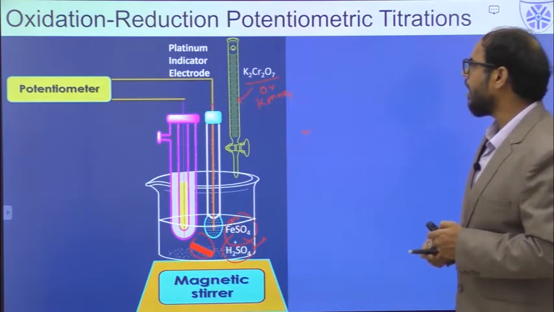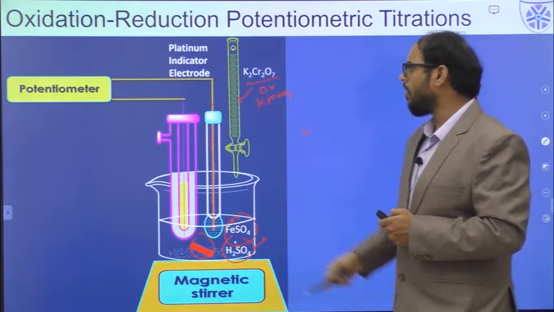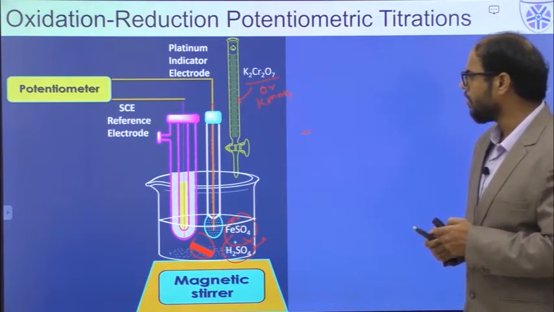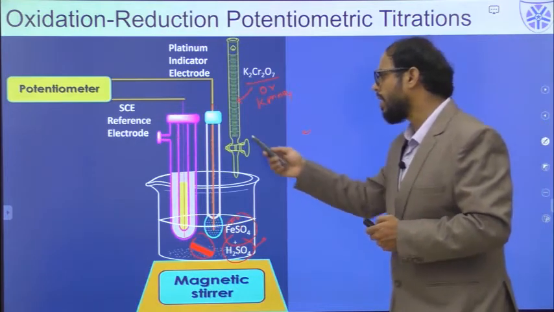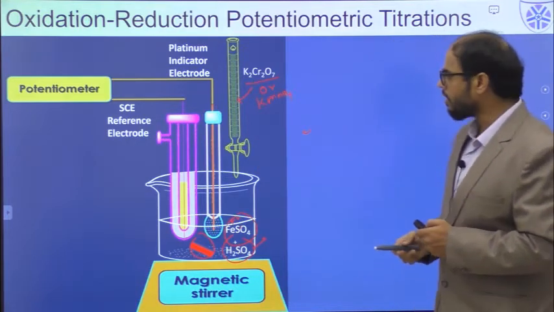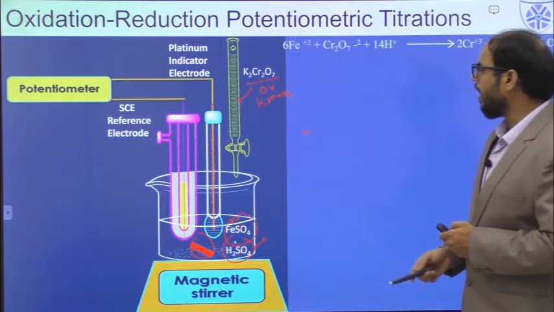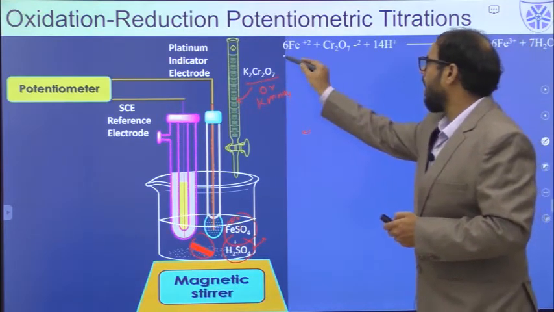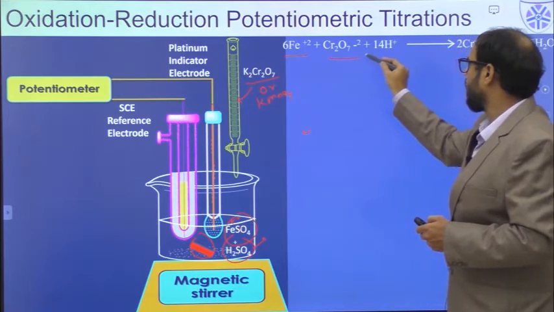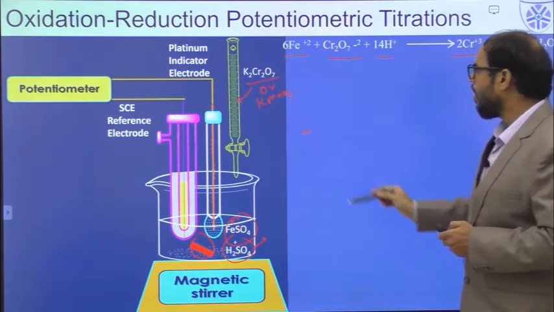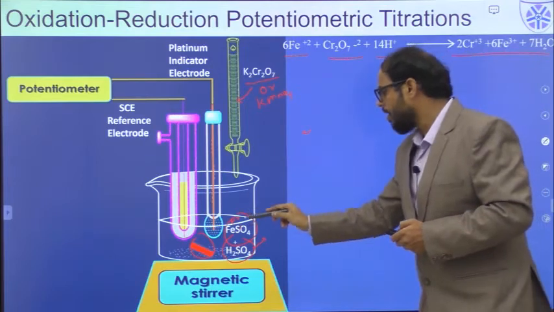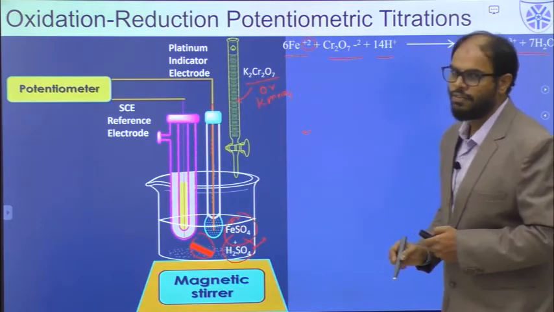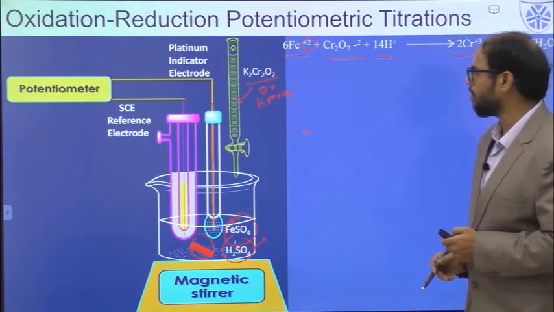Again we are going to use a platinum indicator electrode, which is a working electrode, and a saturated calomel electrode as a reference electrode, and this combination will give the potential of the analyte solution. Following is the reaction which takes place whenever we add potassium dichromate to FeSO4. We know that the oxidation state of Fe in FeSO4 is plus 2.